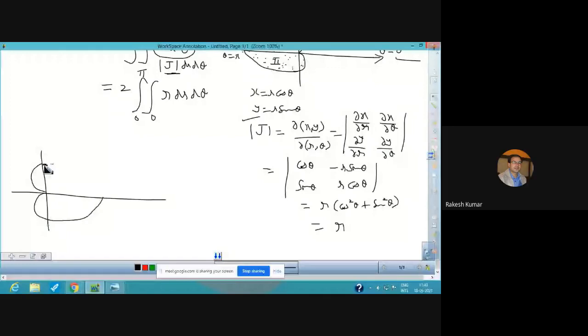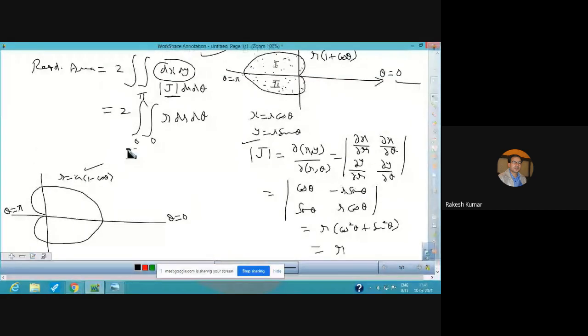So this is the cardioid r is equal to a into 1 minus cos of theta. For this, theta also varies from 0 to pi, but the limits of r will change. That will be 0 to a into 1 minus cos theta in that question.